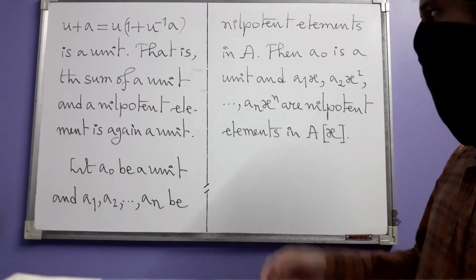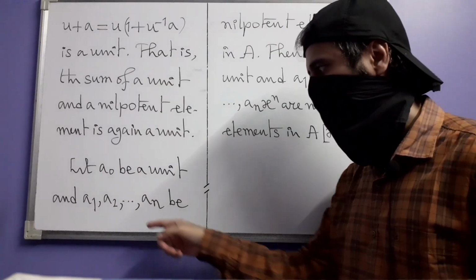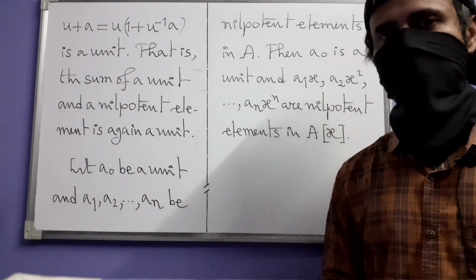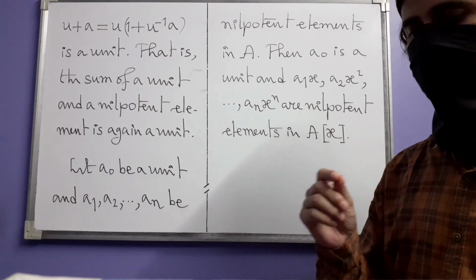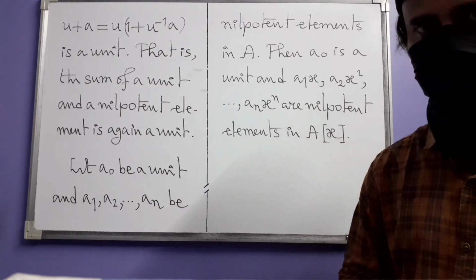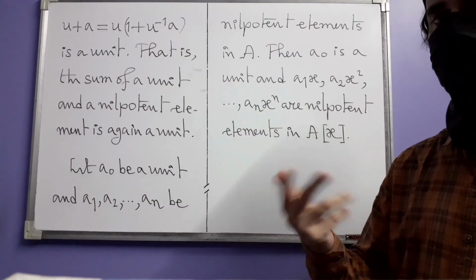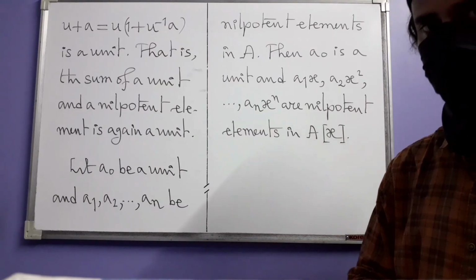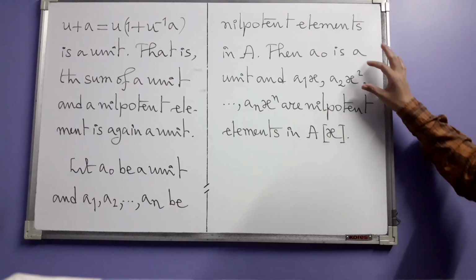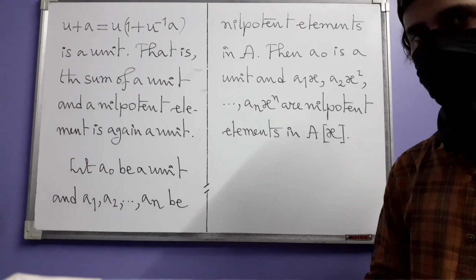Let us just arbitrarily take any one of these, say a2x squared. It is given that a2 is a nilpotent element. So that means some power of a2, where the exponent is a positive integer, is equal to 0. Say a2 to the power m is equal to 0, where m is a positive integer. Now you consider the mth power of a2x squared.